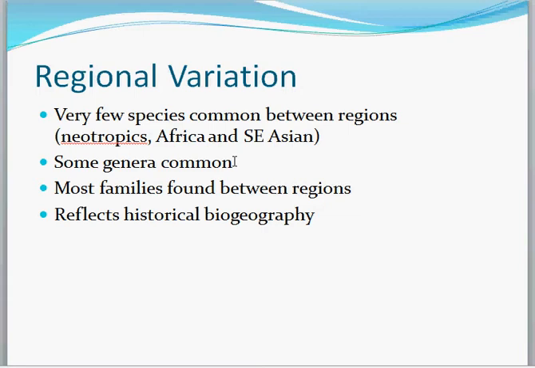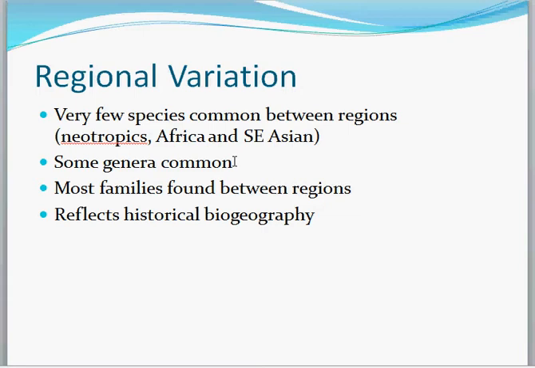Genera in common tend to be more usual. So a genus such as Ficus, for instance, is found not only in the neotropics but also in the African and Southeast Asian tropics as well. At the family level, families actually are shared between all these different tropical regions.